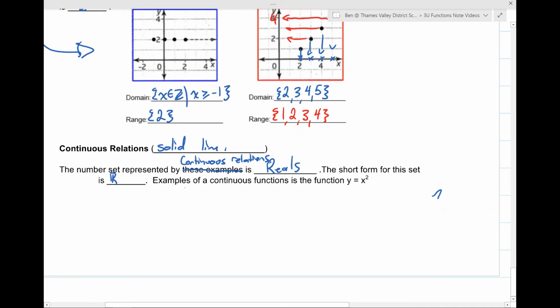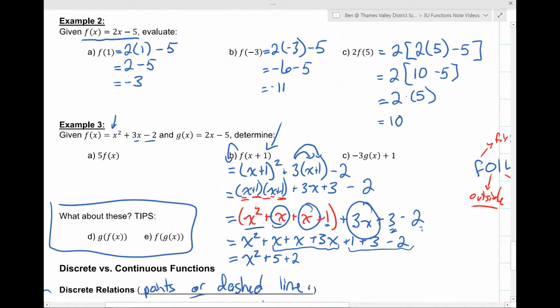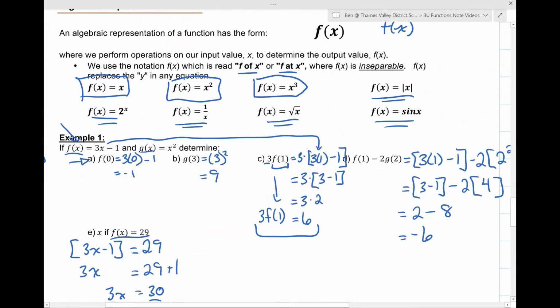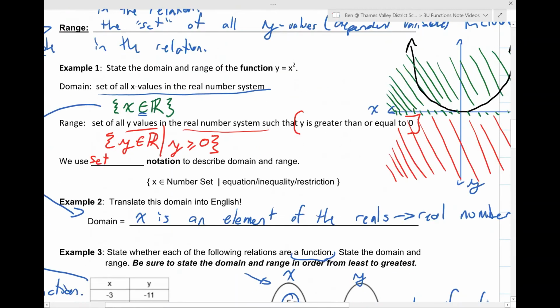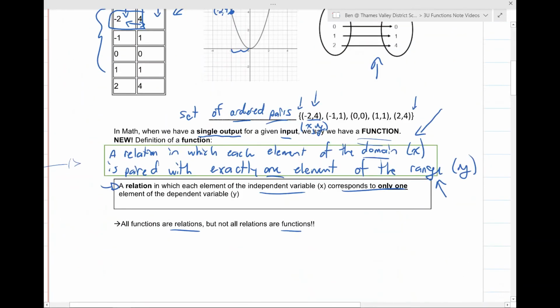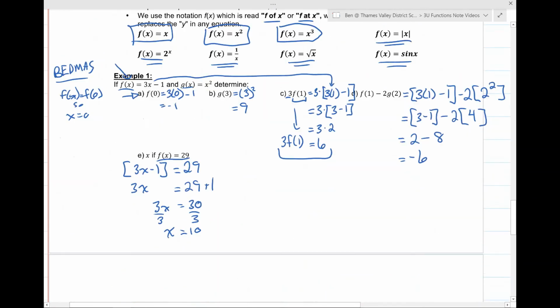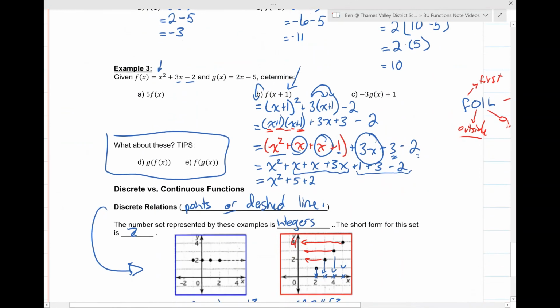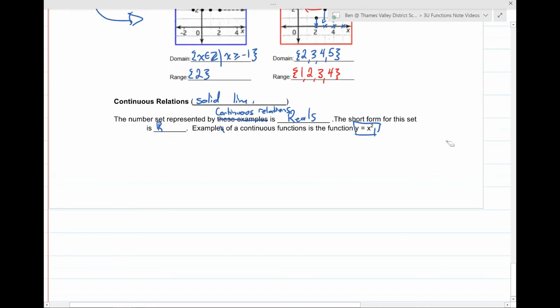An example of a continuous function is the quadratic function. Other examples of continuous functions would be our list of functions that we went over on the second page here. Oh, you know what? Maybe it was on the first page. Maybe I lost it. That would be like the linear function, the quadratic function, the cubic function, the square root function, the exponential function, and so on.